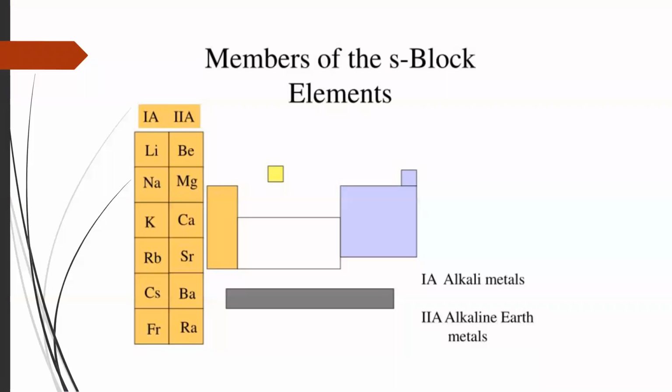Group 1A, you can see, is lithium, sodium, potassium, rubidium, cesium and francium. Whereas group 2 elements are beryllium, magnesium, calcium, strontium, barium and radium.